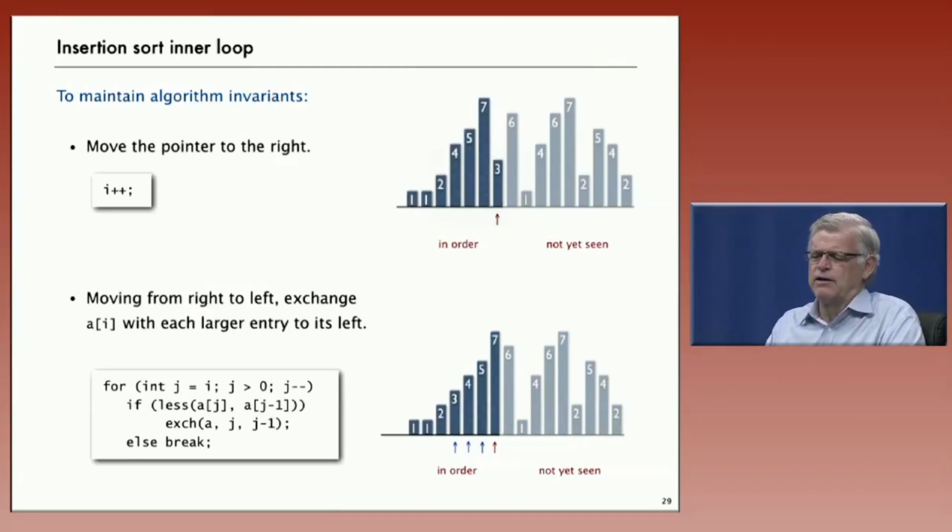It starts j at i and decrements j, exchanging a[j] with the element to its left, a[j-1], as long as a[j] is less than a[j-1] and j is bigger than 0.